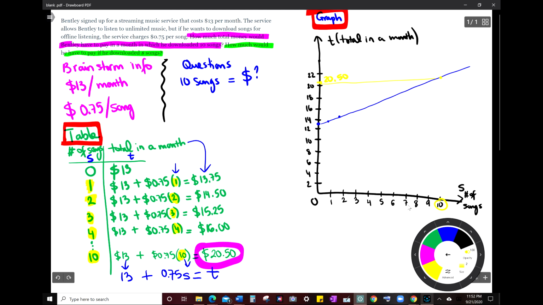Of course, my graph is not accurate enough because I don't have any grid, but if you do it on paper, you should get $20.50 on your graph.